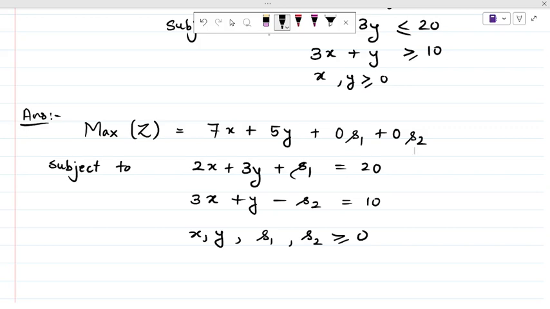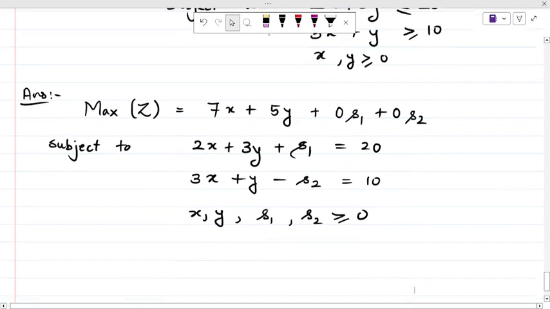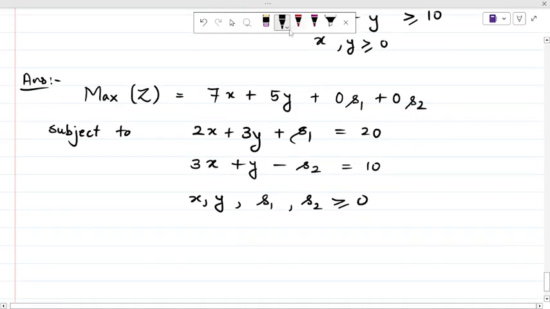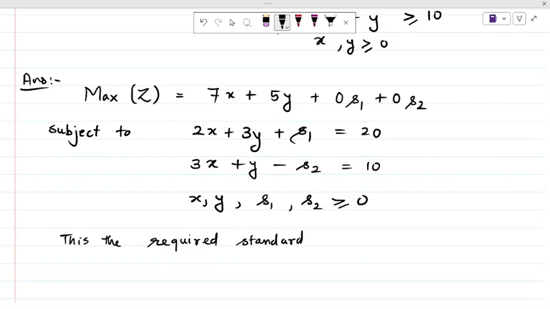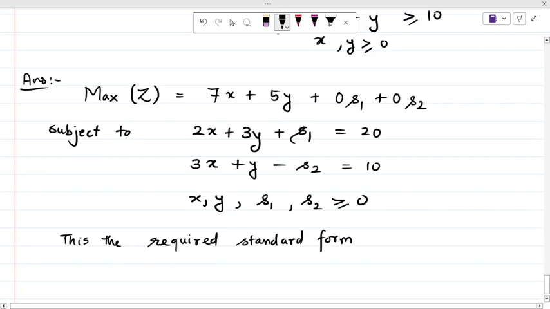So this is the standard form, the required standard form of LPP.